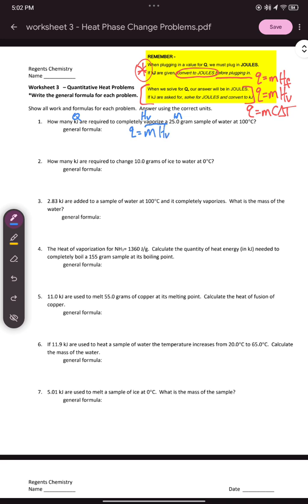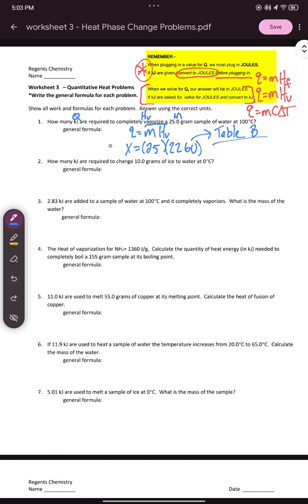All right, now from here, we're looking for that, so maybe I'll say that's going to be X. They told us the grams. And then the HV, well, I know what that is actually. That's 2260, and that's from table B. All right, so make sure you look that up. You're going to do this, you're going to see what you get, and that will be your answer.